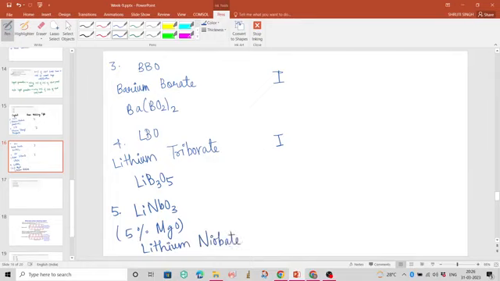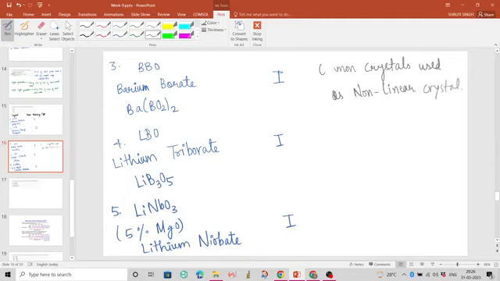It also has a type 1 phase matching. So these are the common crystals. These are the types of nonlinear crystals which we use in such instruments.